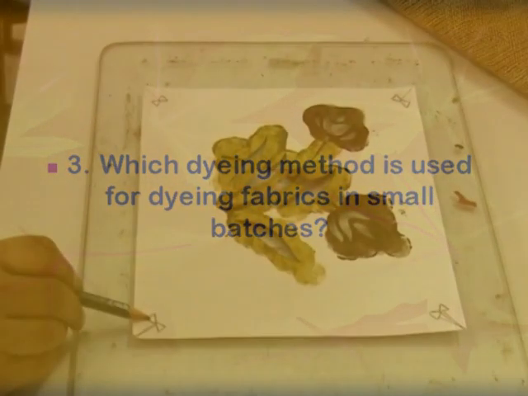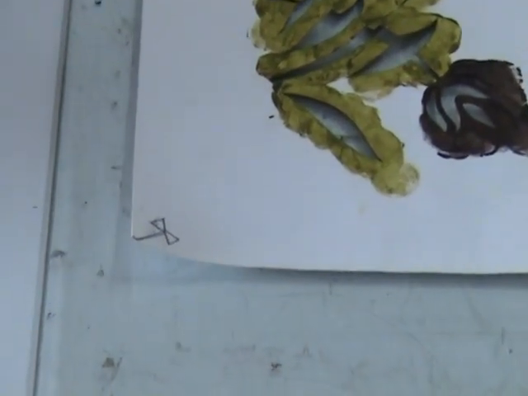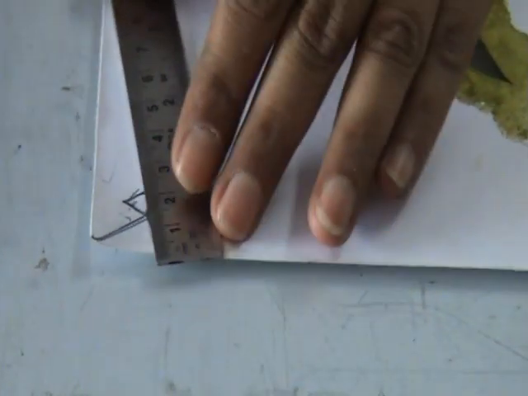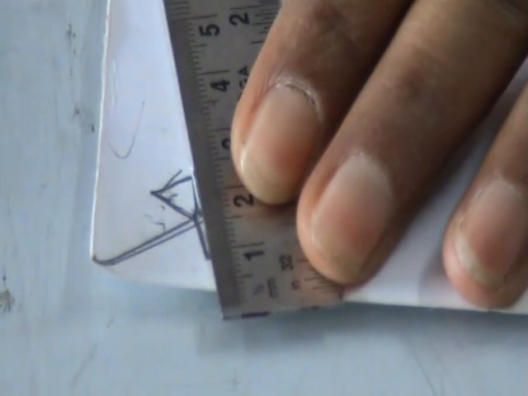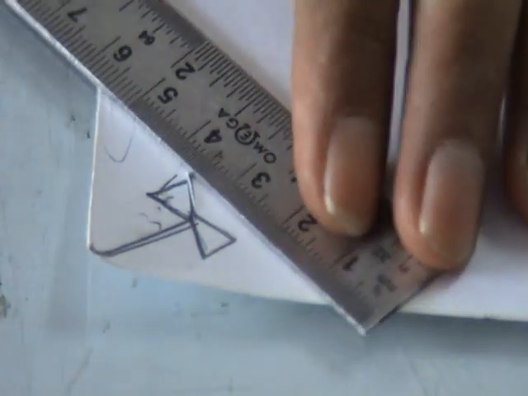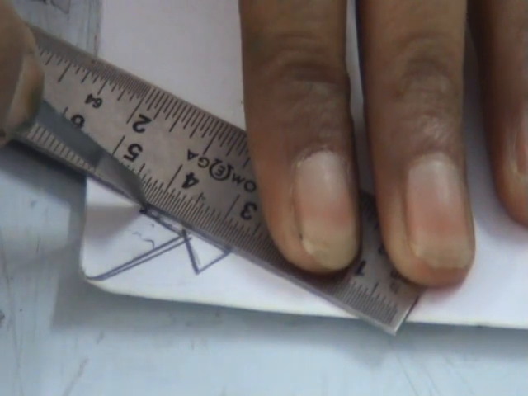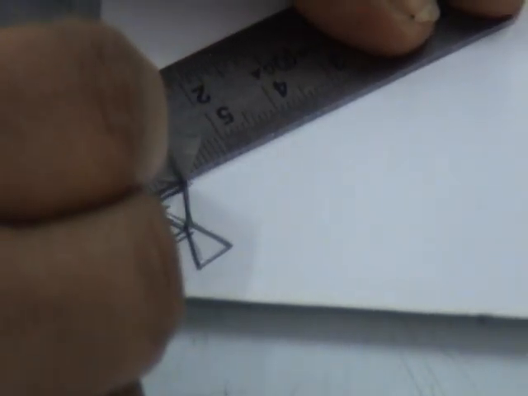Making repeats. For printing of stencils on a fabric in a straight line or all over the surface of any other object, triangular holes are cut on the two diagonally opposite corners of the stencil.